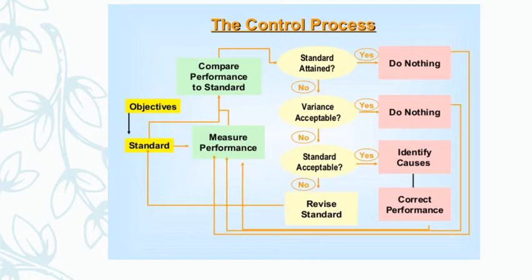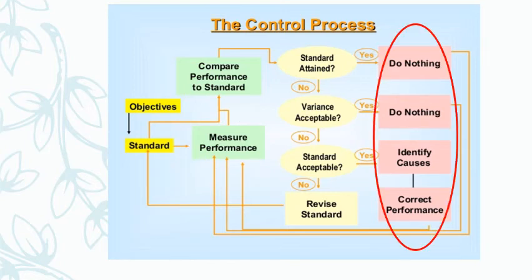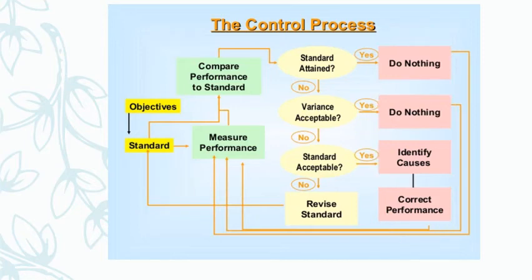The second and the third step in the control process are measurement of performance and correction of deviation. Let's see it side by side. So we already saw that we have set some standards at particular points.